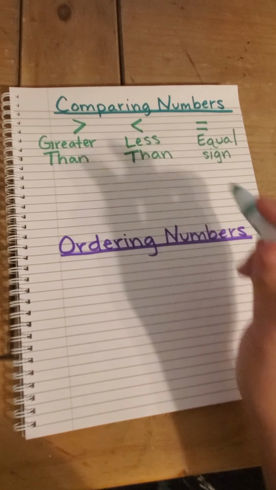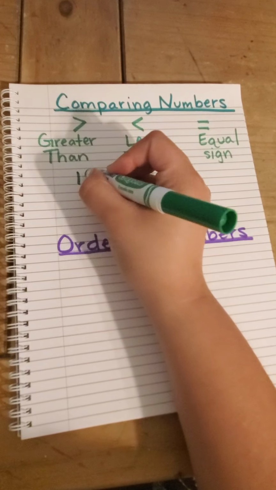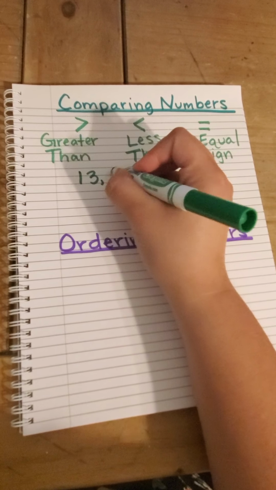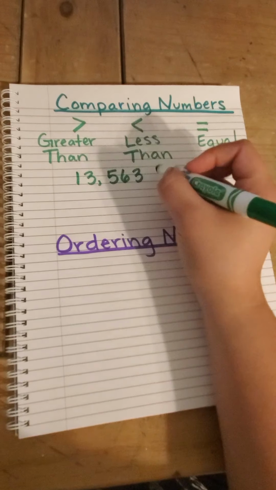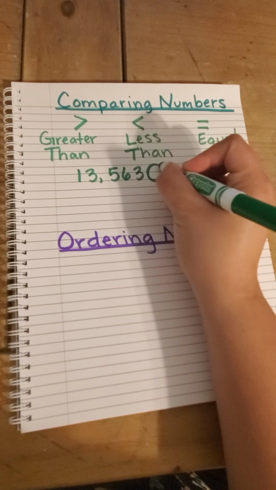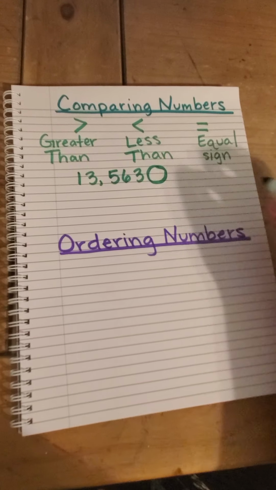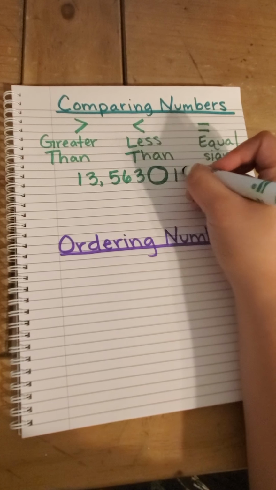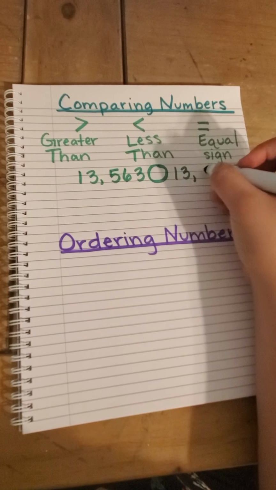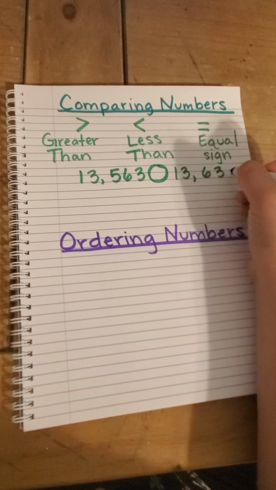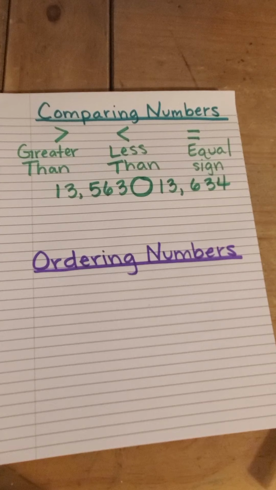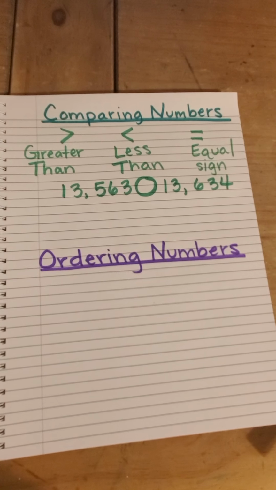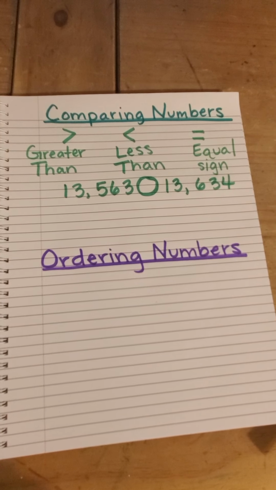So let's say I had these two numbers, and I wanted to compare it. I use this circle right here. I wanted to compare it to this number. The first thing I want to see is how many digits are in each number.